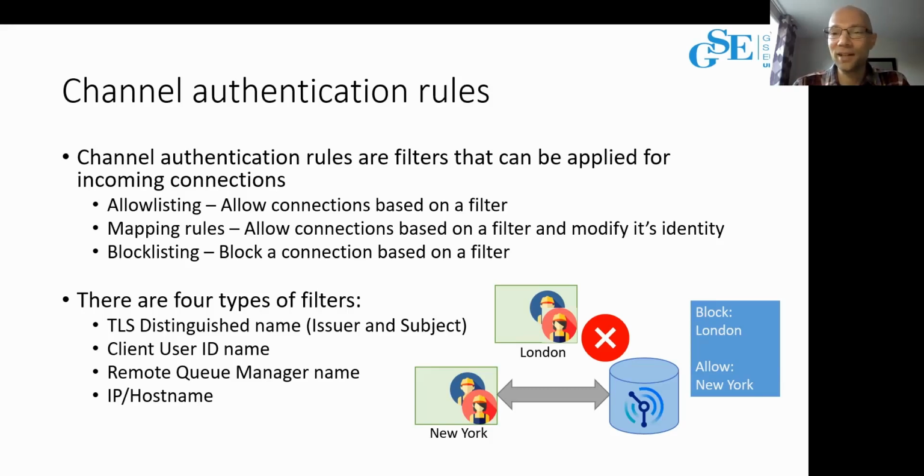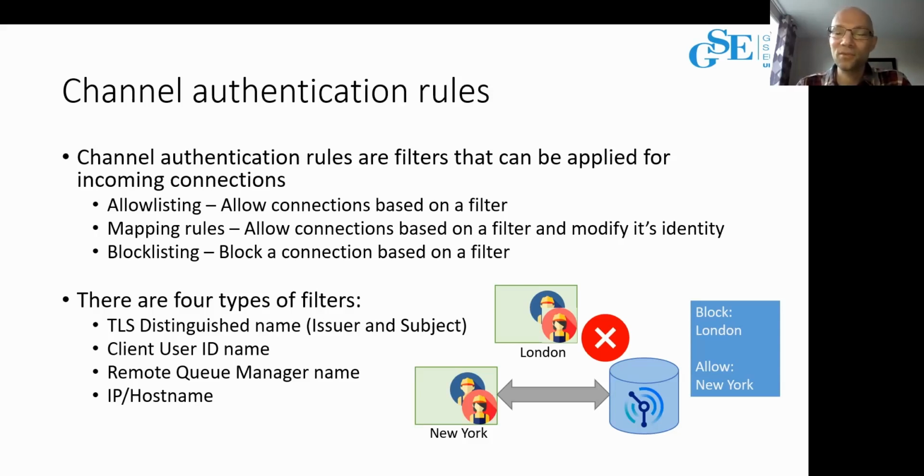And these are things that you define on the queue manager with a set channel auth command. And they're essentially filters that will let you block or allow connections based on the attributes or the identities that I talked about earlier for that connection, whether it's coming from an application or a queue manager.